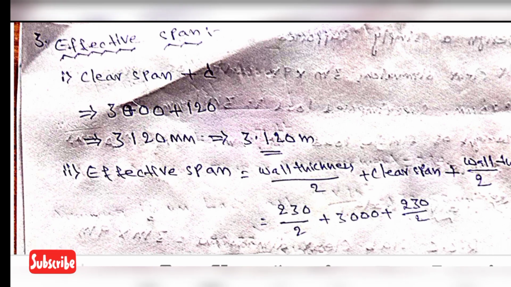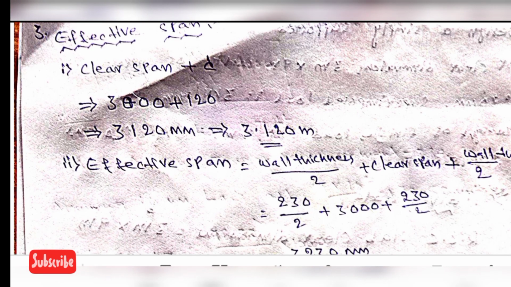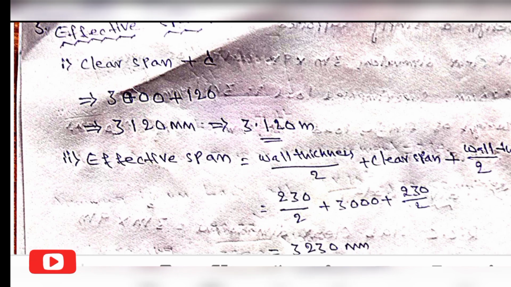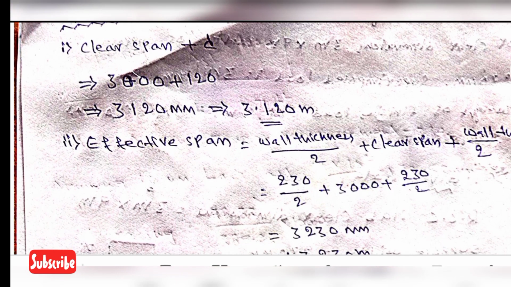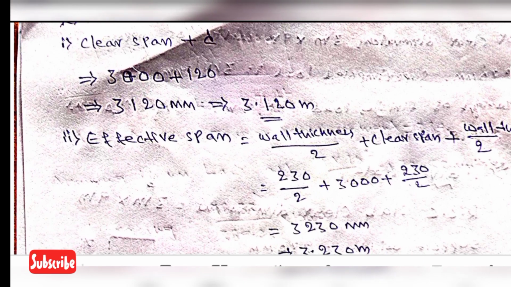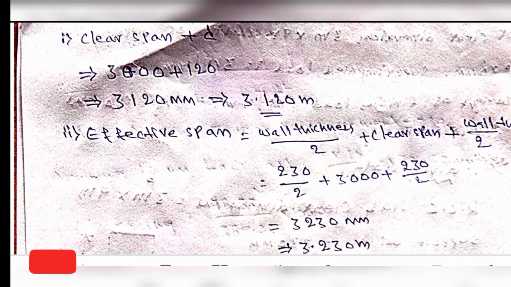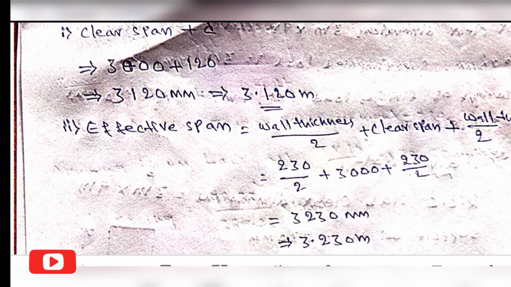Okay, next step, effective span. Effective span is clear span plus d. Clear span is 3000 plus effective depth small d is equal to 120, then 3120 mm.